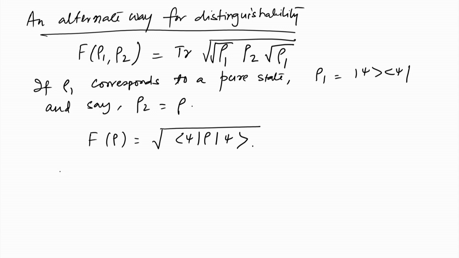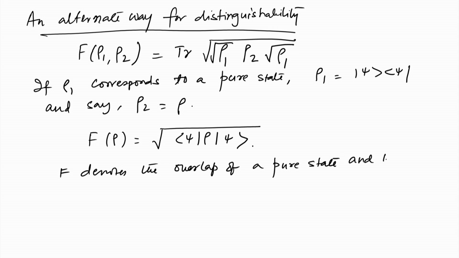So F denotes the overlap of a pure state and the density matrix.